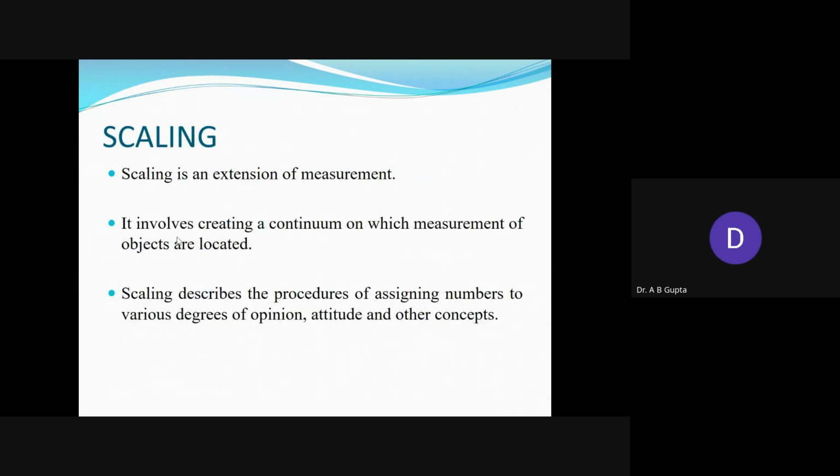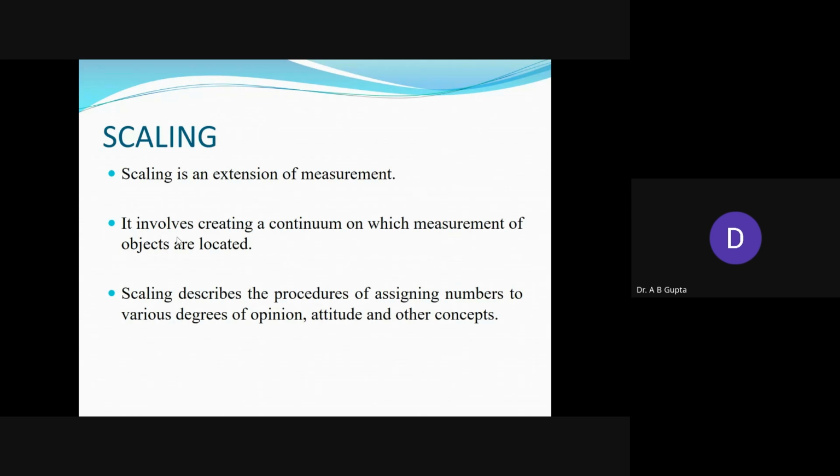And then, my friends, I come to the last aspect. What is scaling? Scaling is an extension of measurement. We were measuring by using the scale. But if I am having a continuum on which I have to measure the objects, that is called scaling. In scaling, we are describing the procedure.